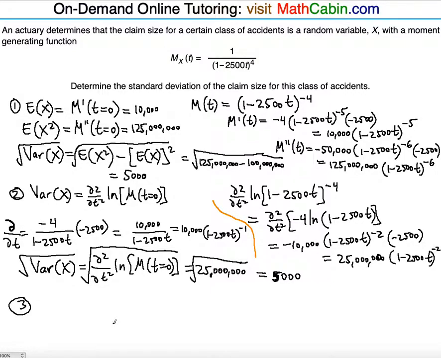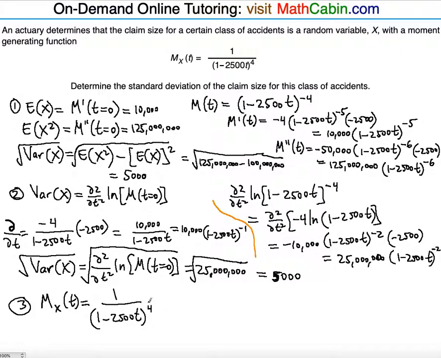Notice that the given form of the moment generating function is actually the gamma distribution MGF, the moment generating function for a gamma distribution.